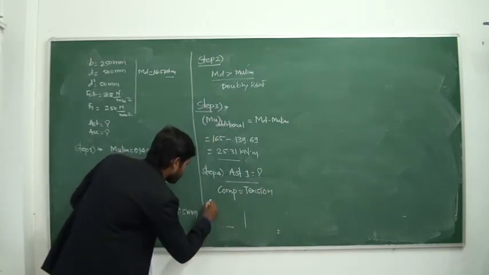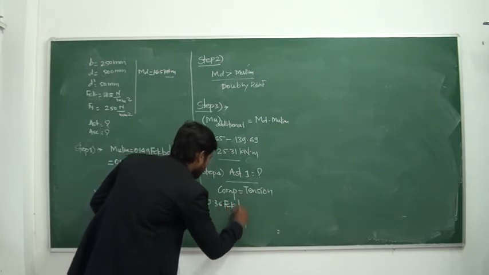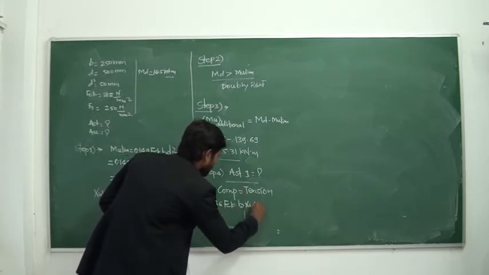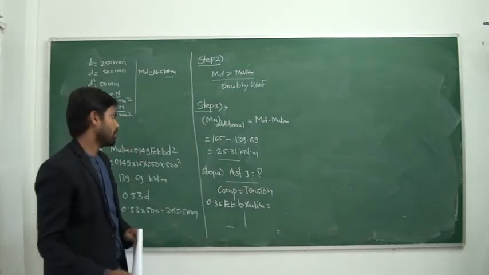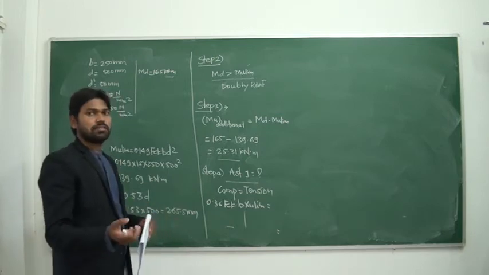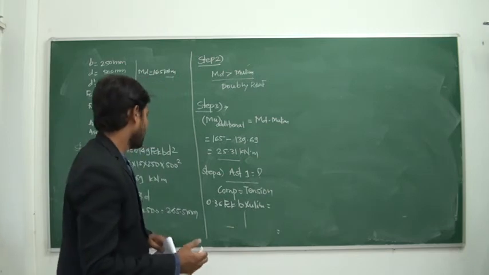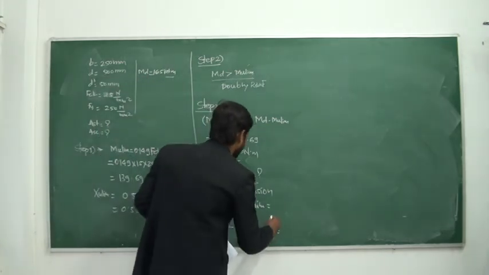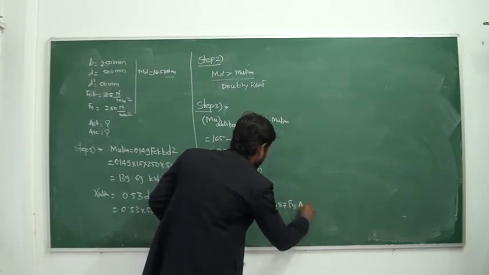Compression is equal to 0.36 FCK B into XU limit. I am putting the XU value as XU limit because the first section is a balanced section and the second section will be required to resist the additional moment.